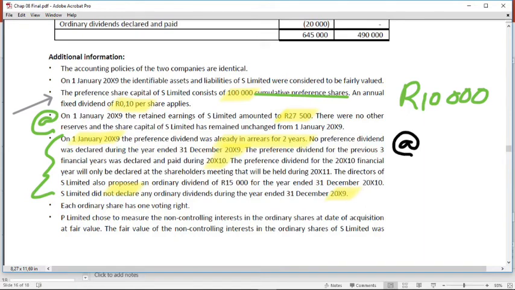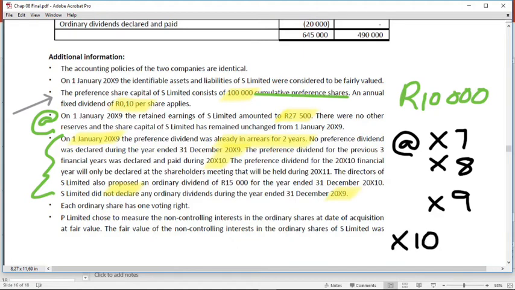At acquisition date, the X7 and X8 preference dividends are in arrears. The X9 preference dividend is also in arrears. In X10, the X7, X8, and X9 preference dividends that are in arrears are declared.